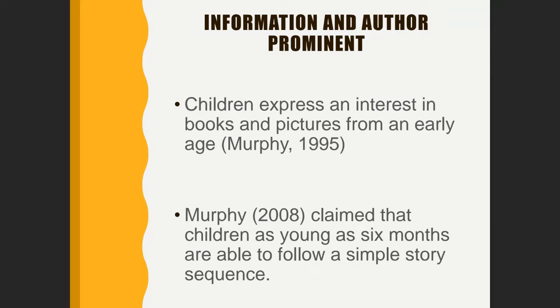Or you can do it the other way, with the author prominent, and it's really good to mix up the two. They're saying the same kind of thing. Murphy, a different author, 2008, claimed that children as young as 6 months are able to follow a simple story sequence.